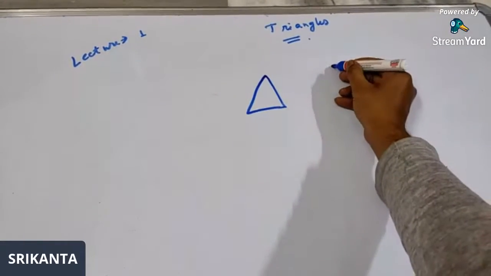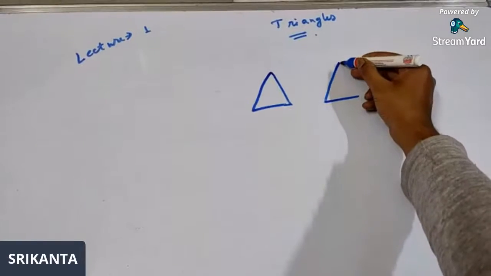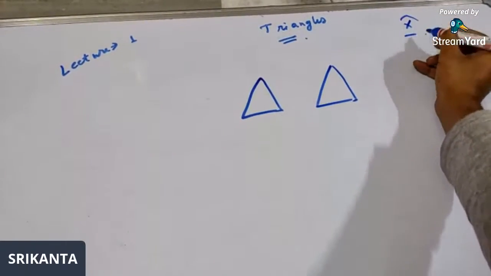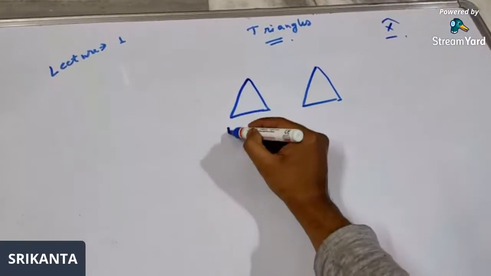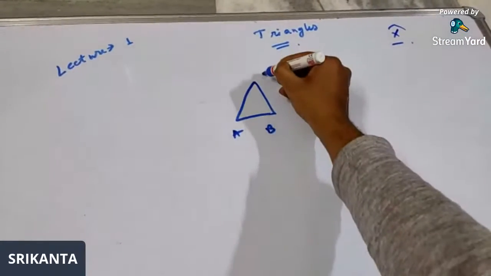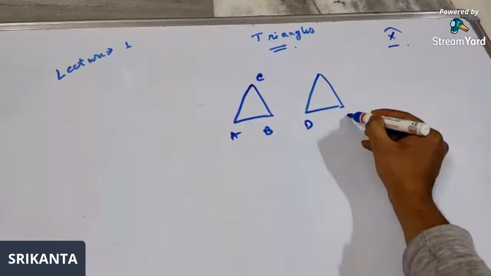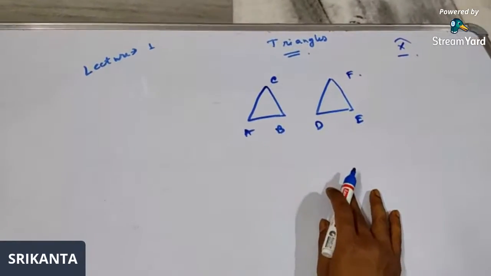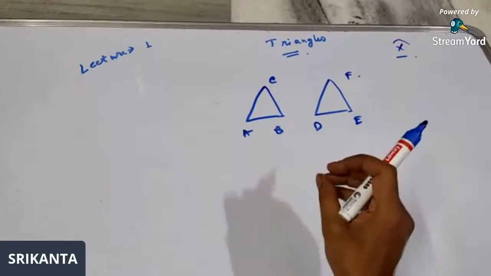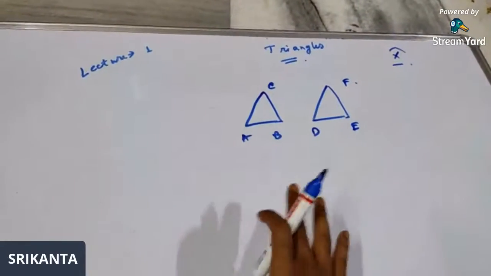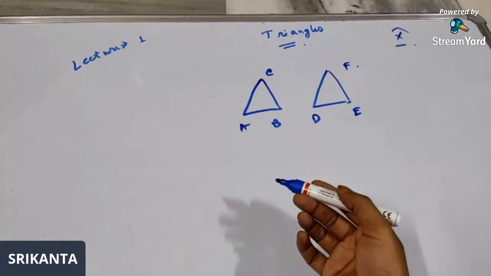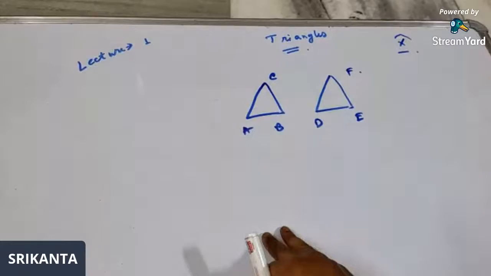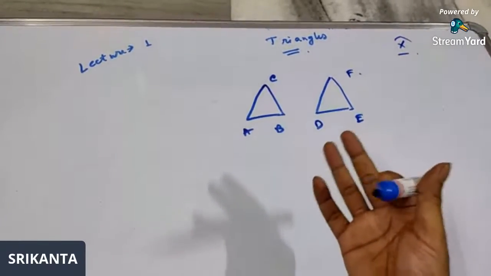So what is congruency? Suppose these two triangles are there, ABC and DEF. Now these two triangles are said to be congruent. There are many criteria: angle side angle, side angle side, side side side, and RHS criteria.